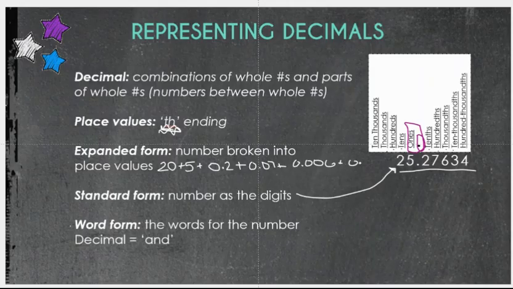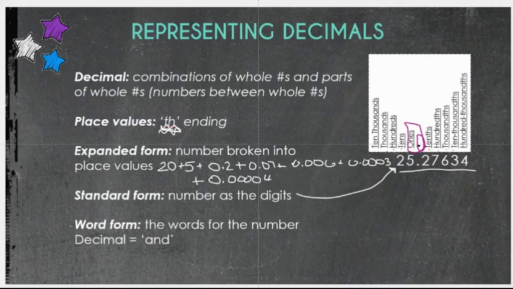I know I'm going to run out of space. So a 0 for the 2, for the 7, for the 6, and then we've got the 3, and then our 100 thousandths. Now, typically, we're not seeing numbers quite as long as this. I chose a very long number for this example. All right, so that is our expanded form. We simply broke the number into every single place value.